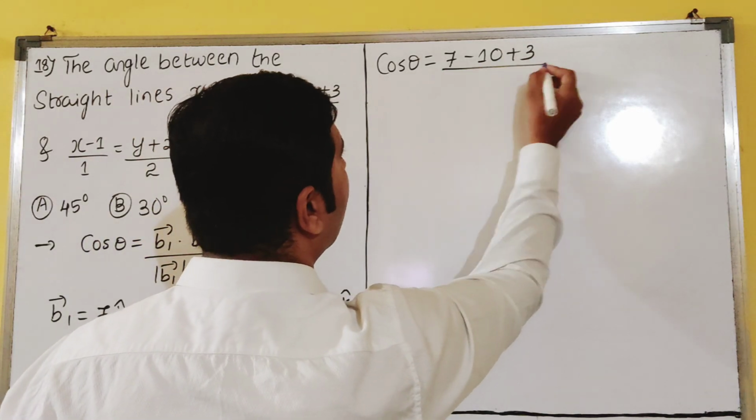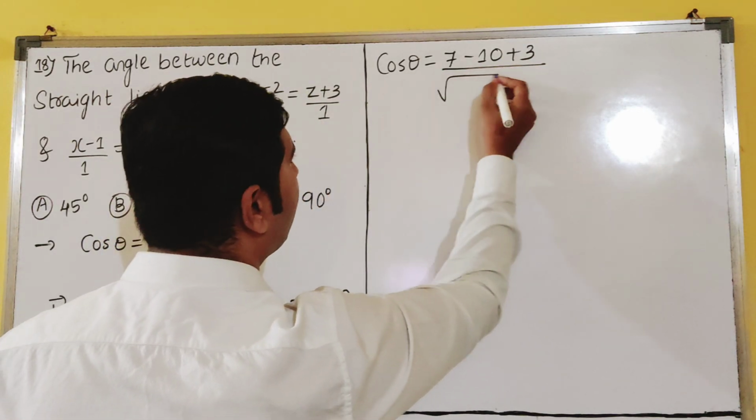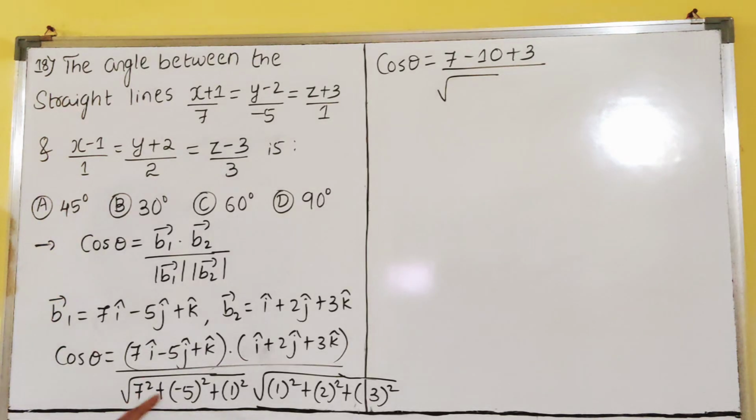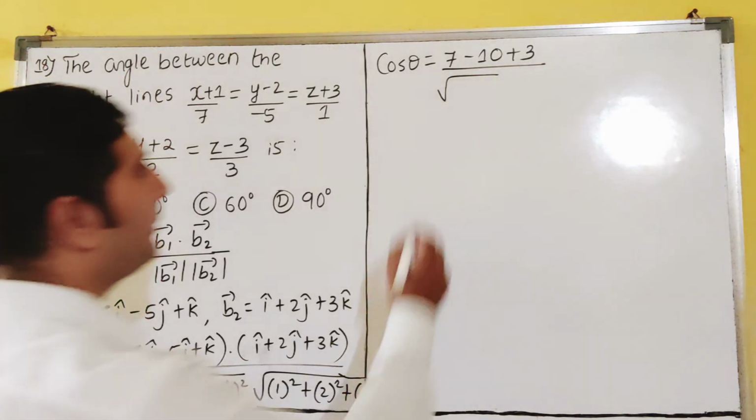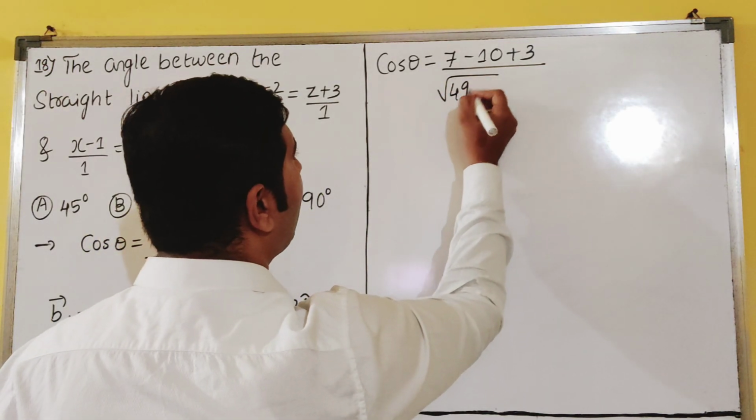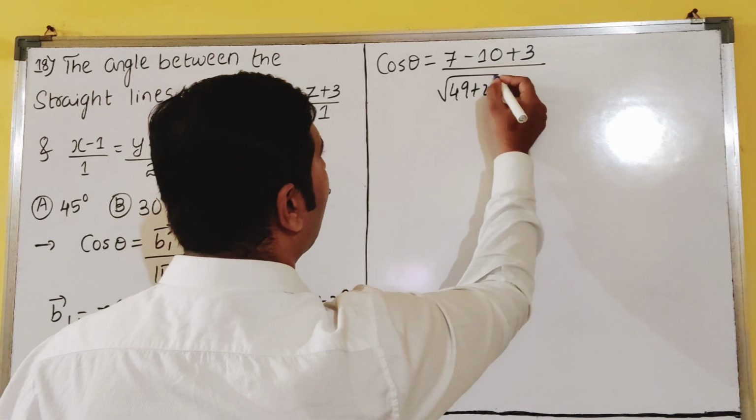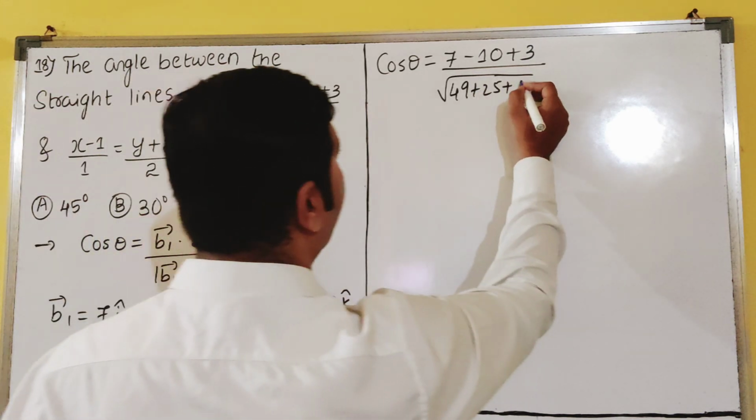And in the magnitude, 7 square is 49 plus 25 plus 1 square is 1.